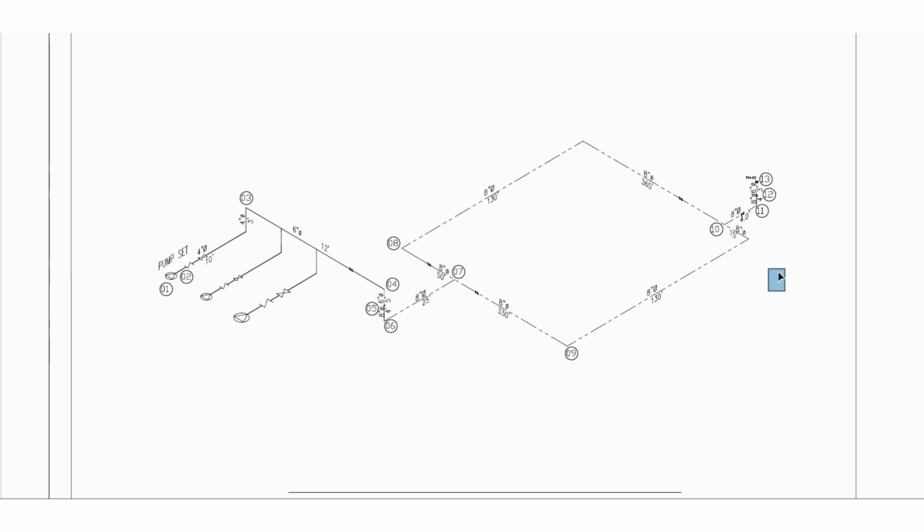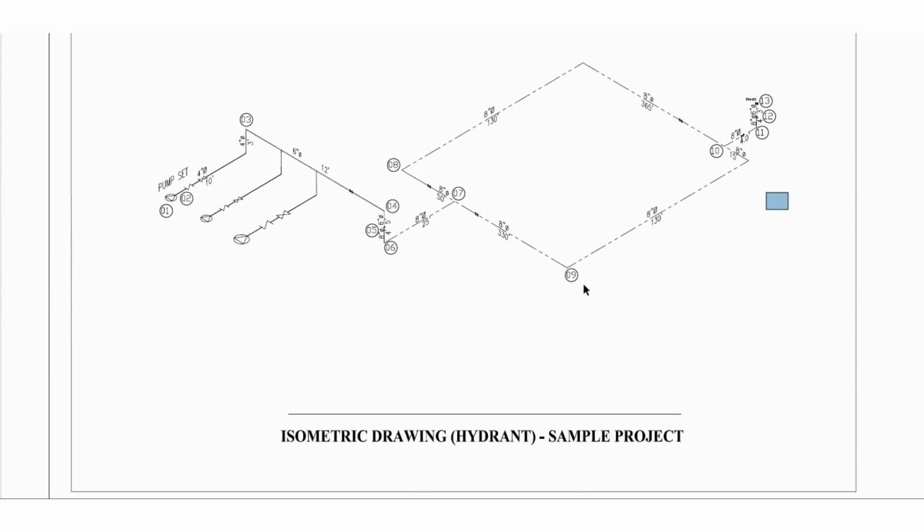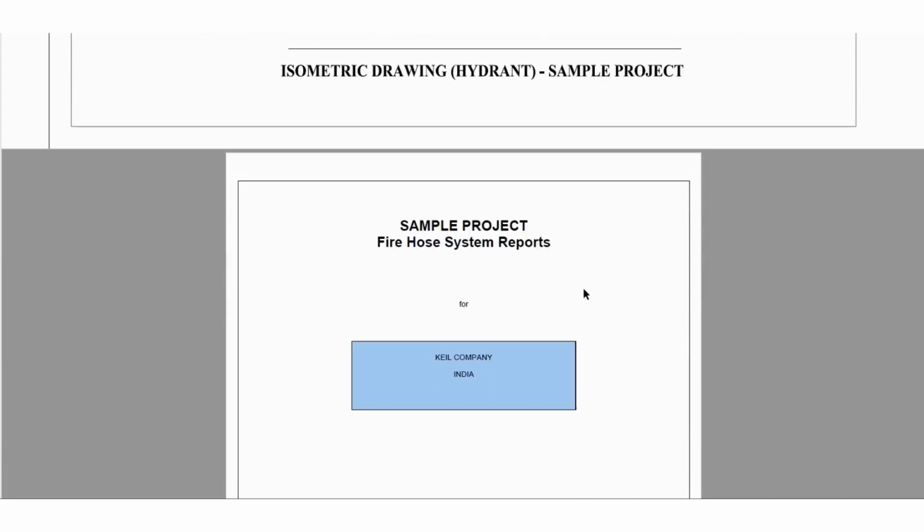So if your requirement is 1000 GPM and I consider one hydrant, the flow from it will be 1000; in case we consider 2 hydrants, then I will consider 500 GPM from each. You need to keep this in your mind before performing the hydraulic calculations.